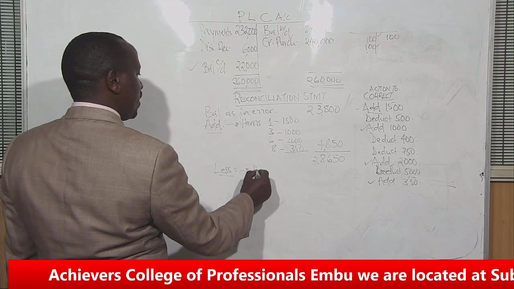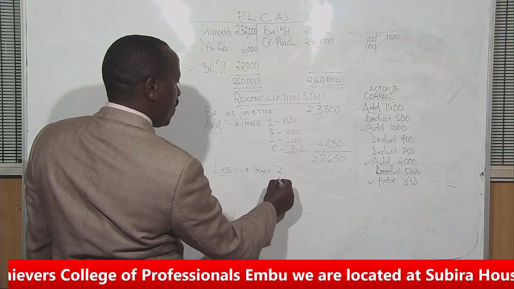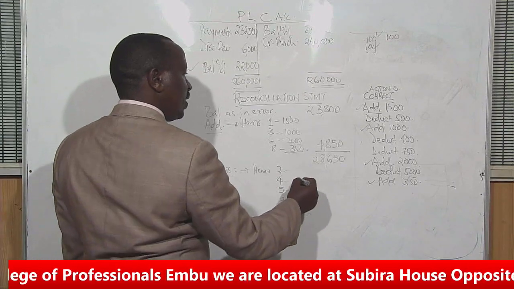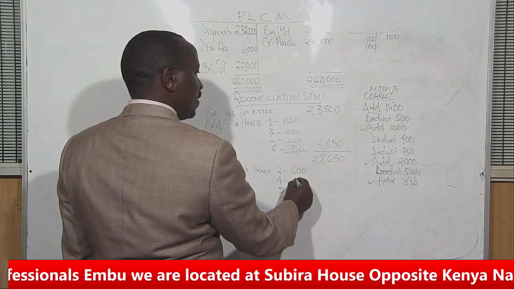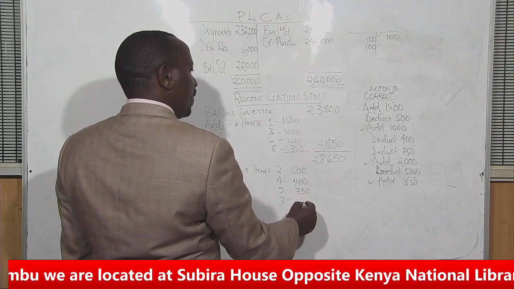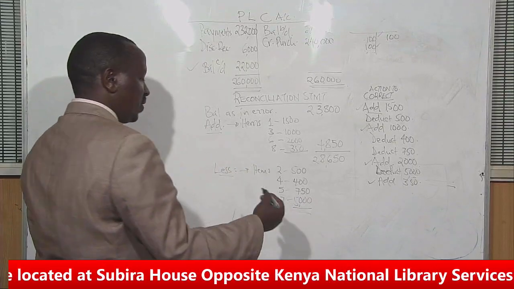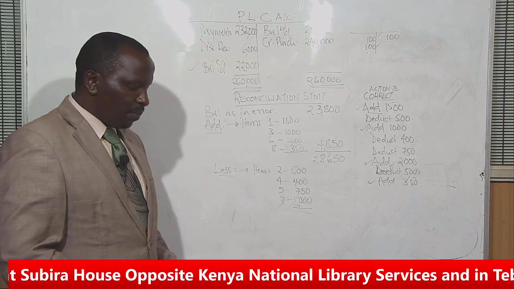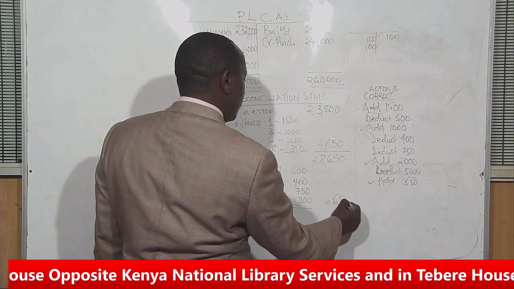Now you deduct the other items: items 2, 4, 5 and 7. Now items 2, 4, 5 and 7 should be 500, 400, 750 and 5,000. The total there will be 900 plus 750 plus 5,000, which should give you 6,650.